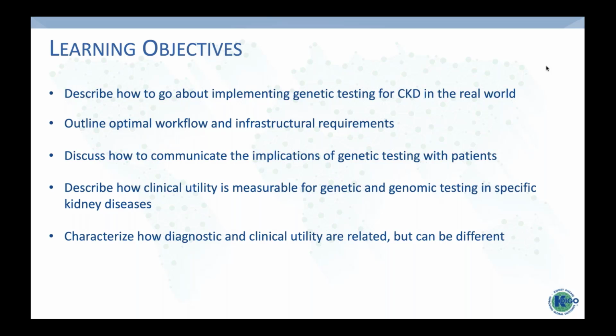We'll be outlining the optimal workflow and infrastructure requirements for this to occur, discussing how to communicate the implications of genetic testing with our patients and, of course, their families, describing how clinical utility is measurable, actually, for genetic and genomic testing in specific kidney diseases. And lastly, we'll also be characterising how diagnostic and clinical utility are related, but quite importantly, are different in some dimensions. For the first section of the slides, I'll hand over to Nina.